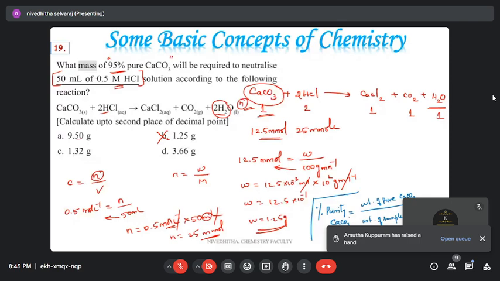Here they told the purity is just 95%. So 95 by 100 is equal to the weight of pure calcium carbonate required, 1.25, divided by X. How much sample is required if the purity is just 95%? You just calculate the value of X and let me know the answer.